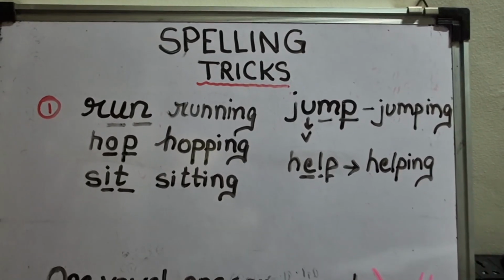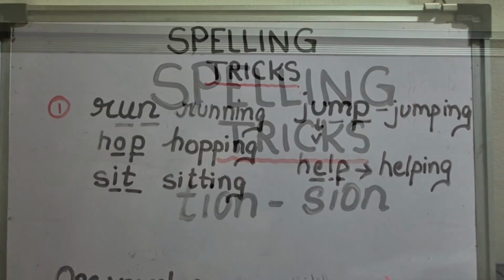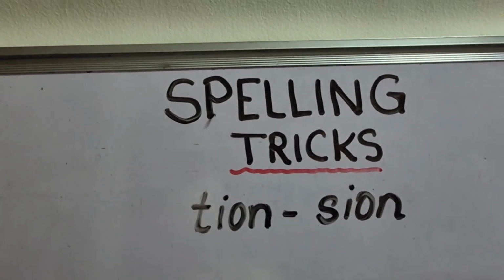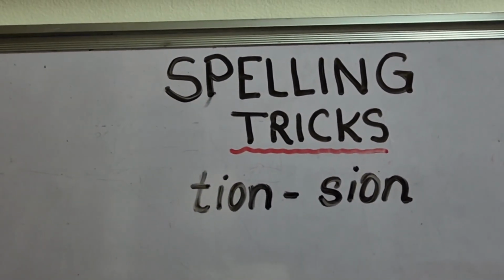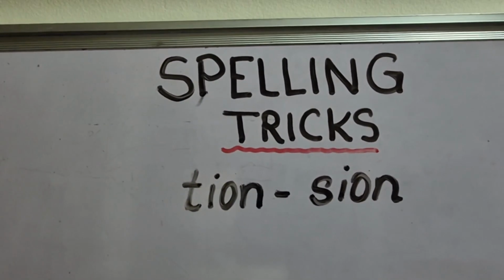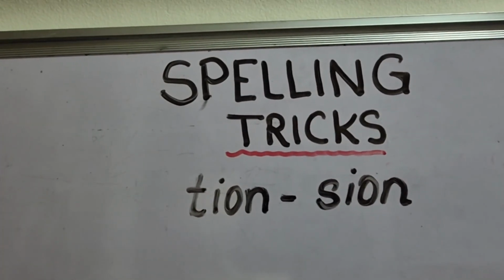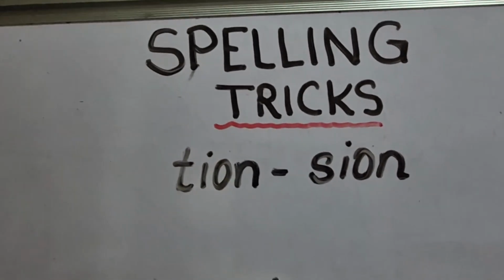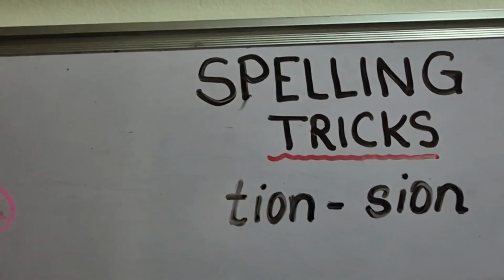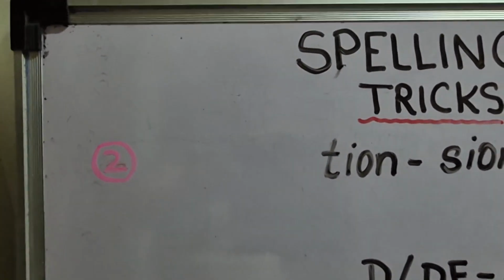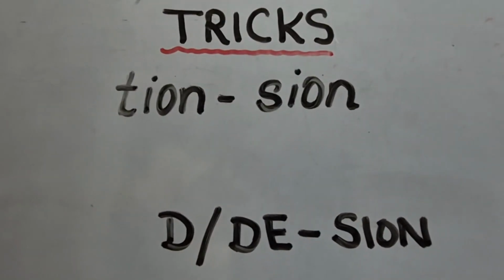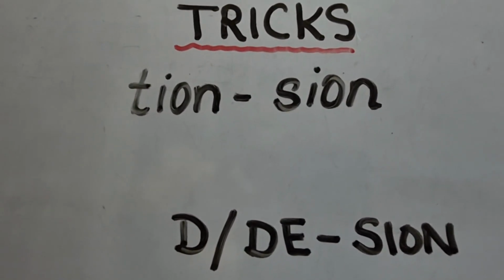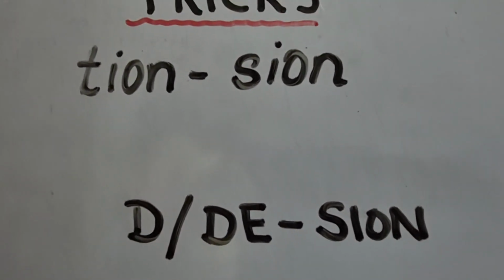Now let's look at the second trick. Children, have you ever seen words ending in TION and SION? Both sound like shun. But how do we know which one to use? So here is an easy trick. Look at the base word. If the word ends with D or DE, then we often use SION.